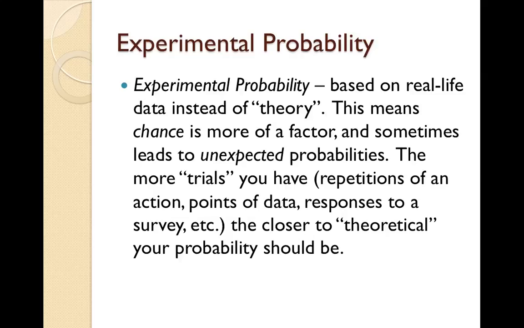But when we talk about experimental probability, we're looking at actually rolling the die and recording what numbers show each time we roll it. So it says here on our screen that experimental probability is based on real-life data instead of theory. This means chance is more of a factor and sometimes leads to unexpected probabilities, not what we thought would happen when we thought about it theoretically.